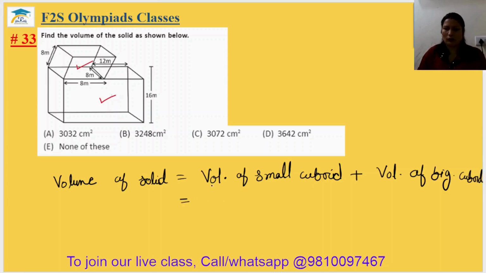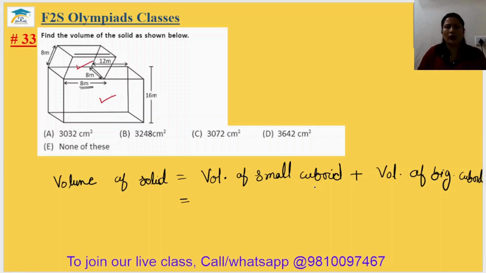Volume of small cuboid is, since the width is given 8 and height is given 8, and what is not given here? So this length is not given here. Okay, so this length is given, this length is not given. Since it is already given, that is 8. 8 given this side, 8 given this side, 8 given this side.